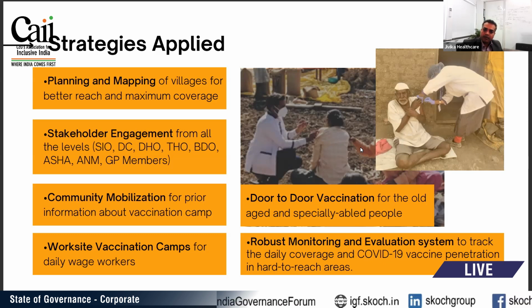But we don't want to leave even a single person who cannot come out because they are disabled, or they have children to take care of, or they are elderly people who cannot walk. So in that perspective, we had the mapping, and we used to go door to door also, and we used to vaccinate at least 15 to 20 such people on a particular day.